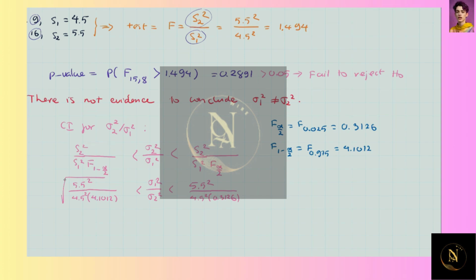Sorry, because these are variances, we don't need to take the square root. The final answer will be for sigma 1 square over sigma 2 square.